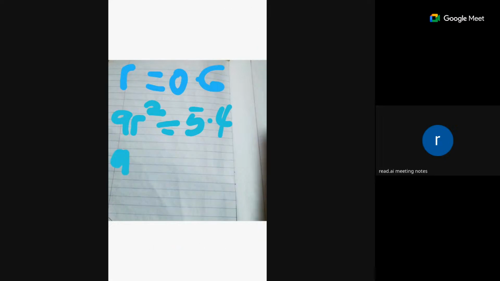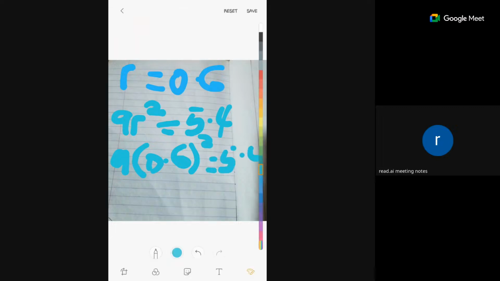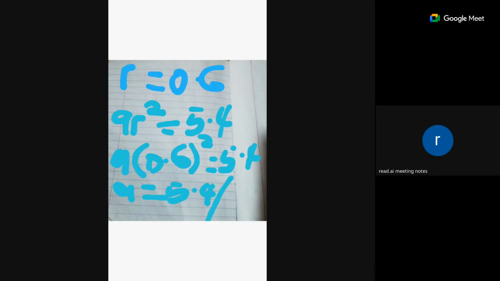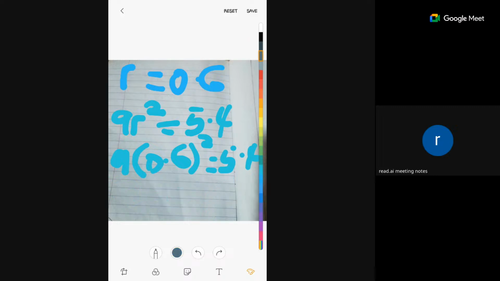So it is a into bracket 0.6 square, then equals to 5.4. So our a is now going to be 5.4 divided by 0.6 square, or divided by 0.36. Let me use black.